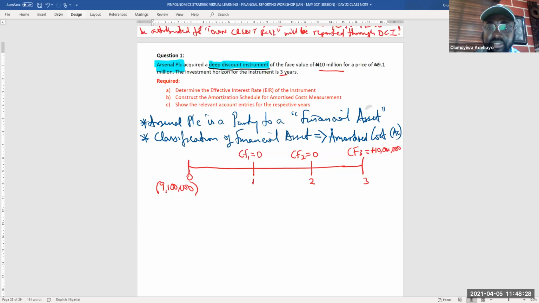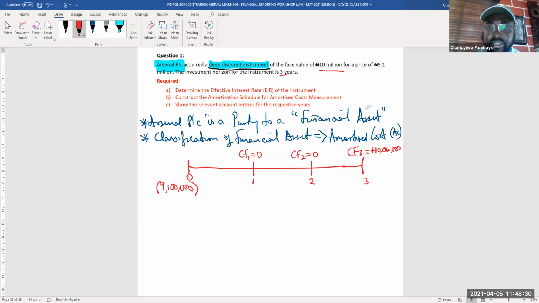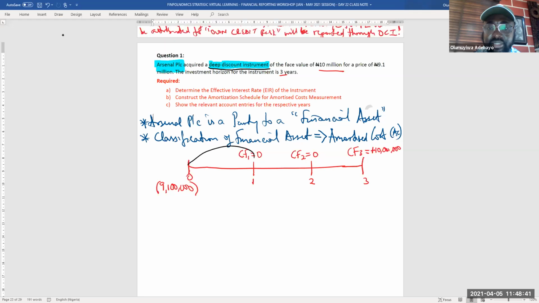Therefore, the question then is, we need to discount all of this back in year 1, back in year 2, and back in what? Year 3.